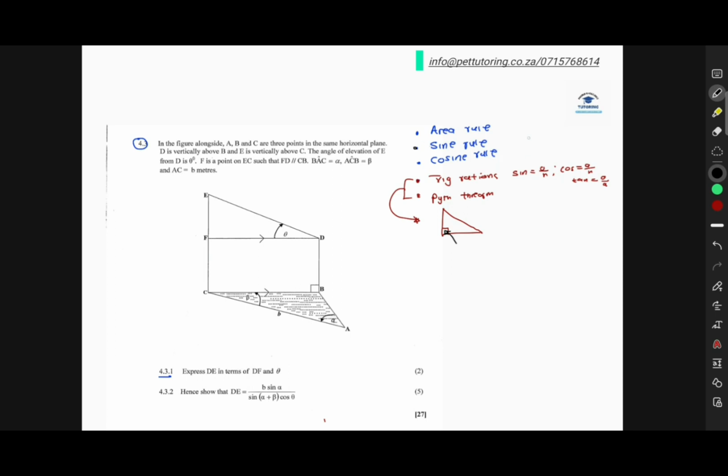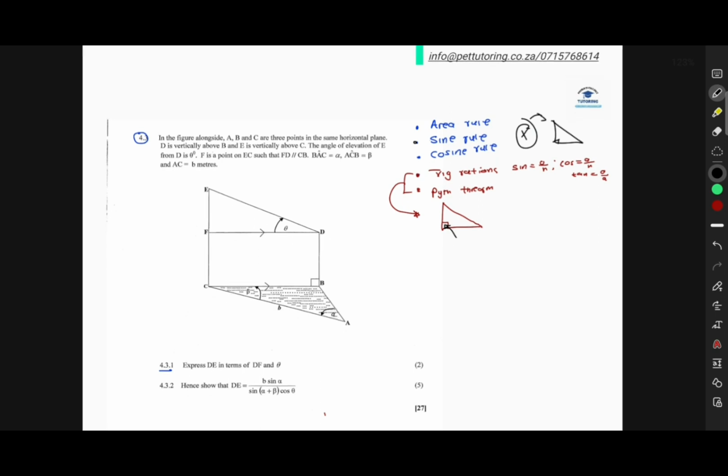You are prohibited from using the right-angled triangle with the area, sine and cosine rules. The triangle you use under the area rule, sine rule, cosine rule must not have a 90 degree angle. It is where you will see that you will flow.